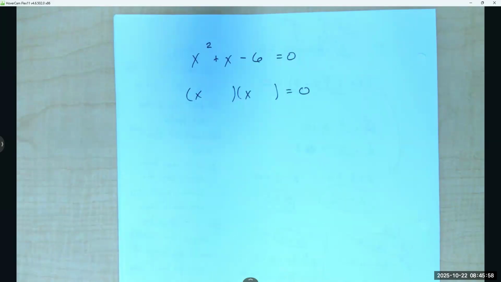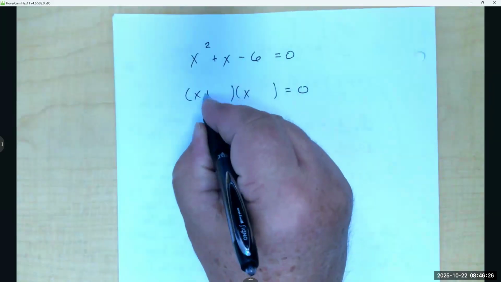What's the next step? And what does that tell me? What does that mean? One's gonna be positive, one's gonna be negative.